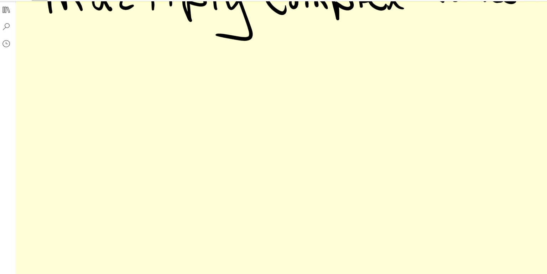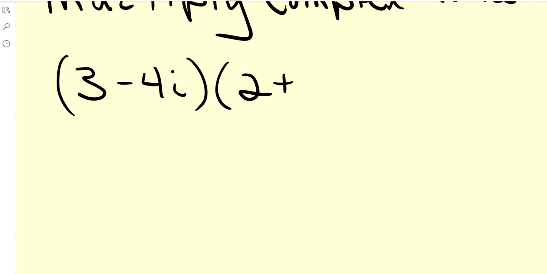And where am I? Example 6, where I've got 3 minus 4i, and that's going to be multiplied to 2 plus 5i. All right, we're going to FOIL these, and we also have to remember that i squared equals -1.